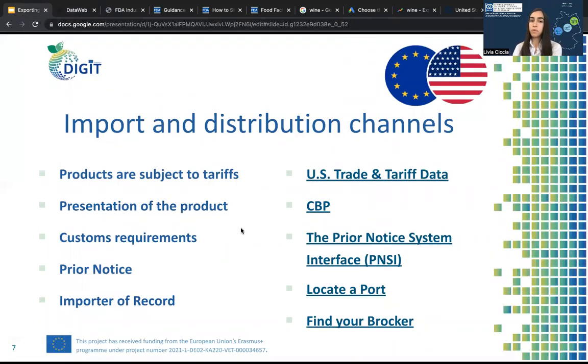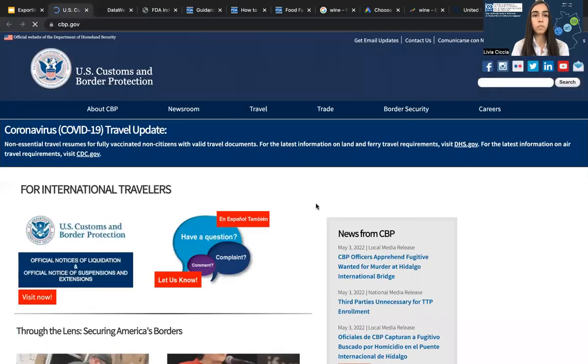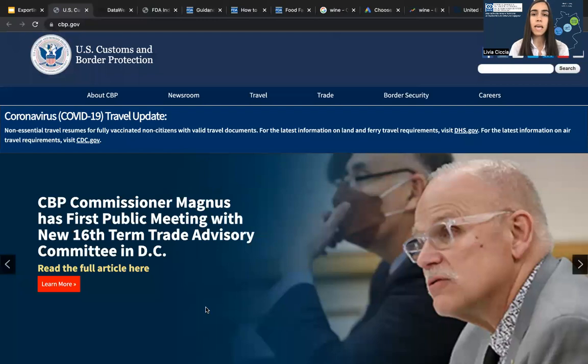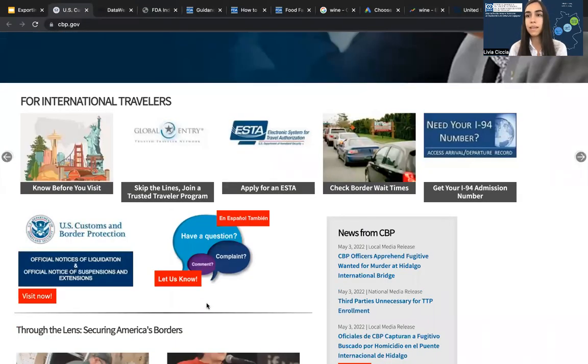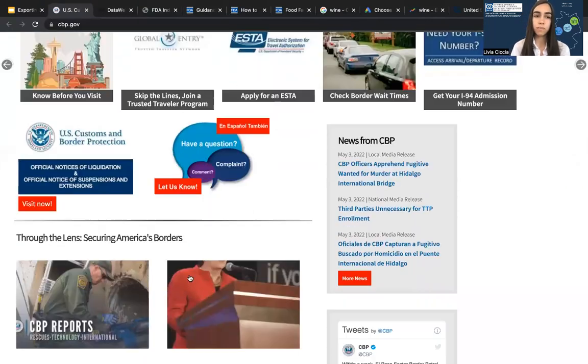Also, presentation of the products is quite important for the market, and customs requirements. You can check out customs requirements on the Customs and Border Protection website of the US. And here you will find all the information you need about the requirements and rules for customs.